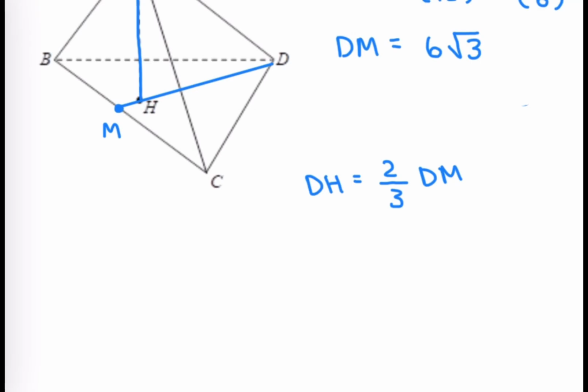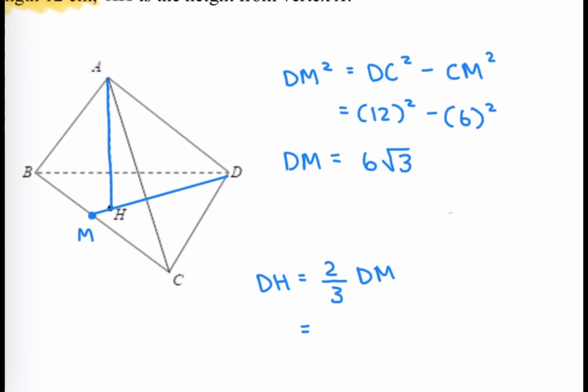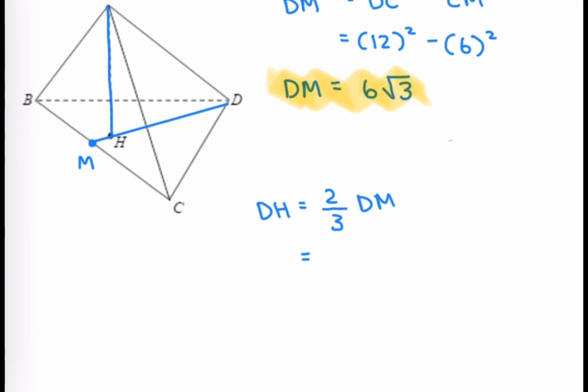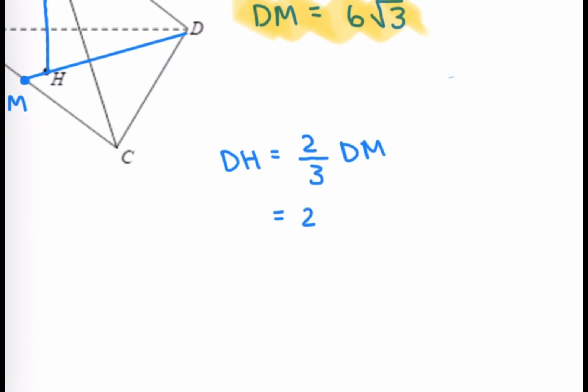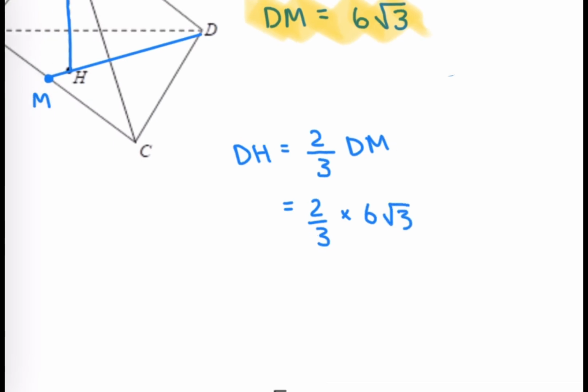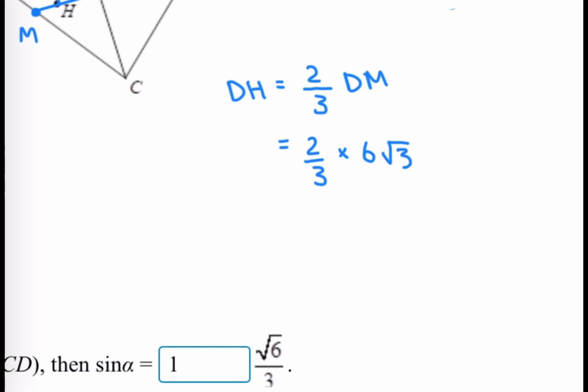Okay, so since we found DM here, DH is going to be 2 over 3 times 6 radical 3, which is going to be 4 radical 3. 4 radical 3 is DH.